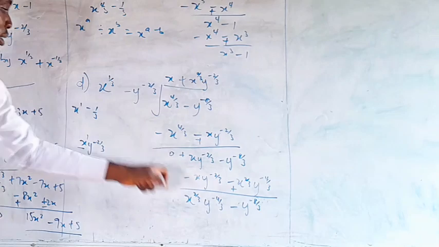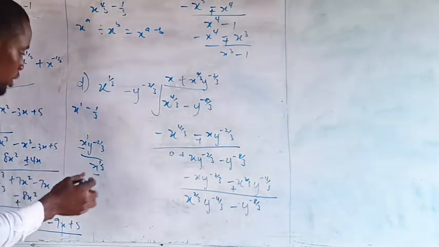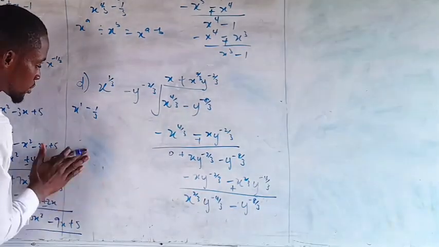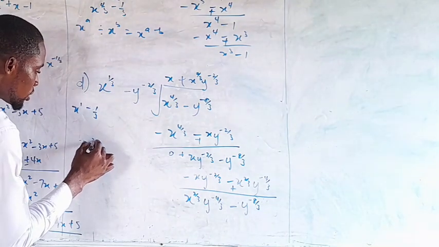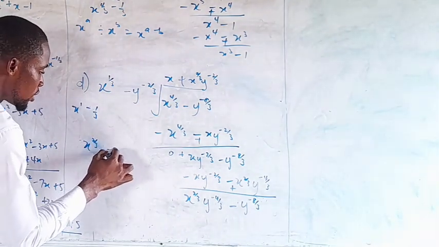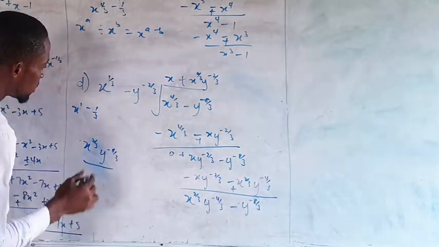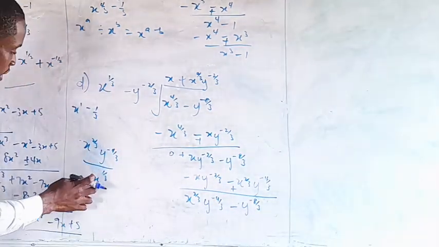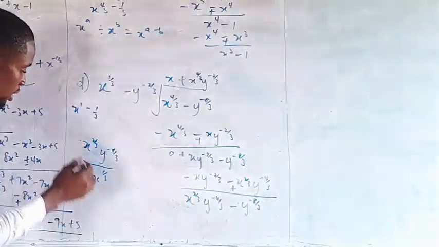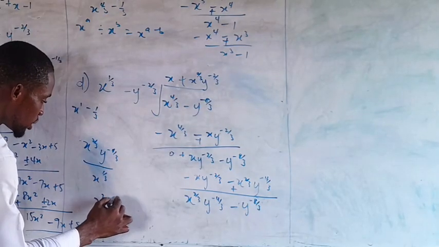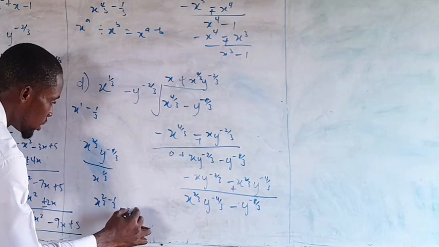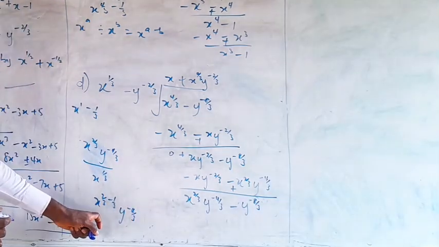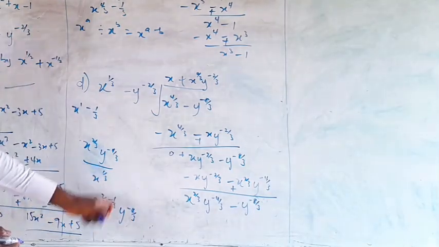Now I'm taking this in this again, it's as though saying x^(2/3) y^(-4/3) all over x^(1/3). We go again, this is for this only. So it becomes x^(2/3 minus 1/3) y^(-4/3), and that becomes x raised to power 1/3.